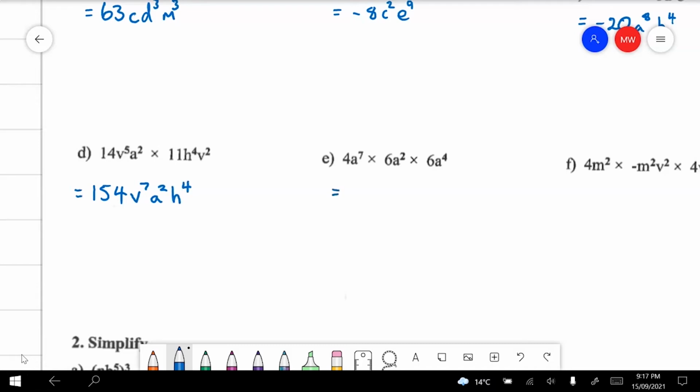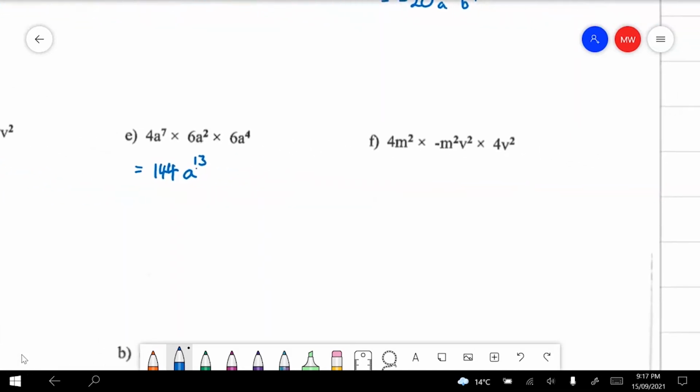E, I've got 4 times 6 times 6. So I've got 4 groups of 36. That'll be 144. And then I've got A to the 7, A to the 2, and A to the 4. So 7 plus 2 is 9. 9 plus 4 is 13.